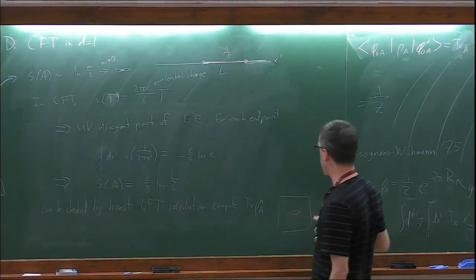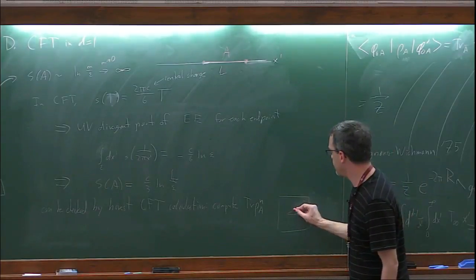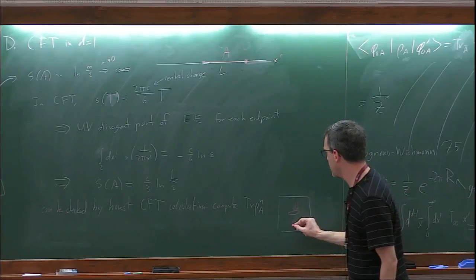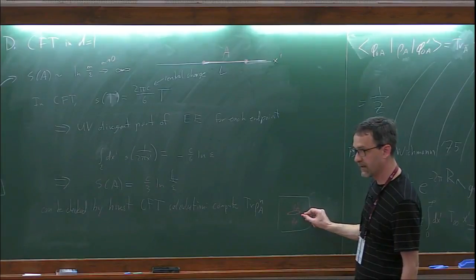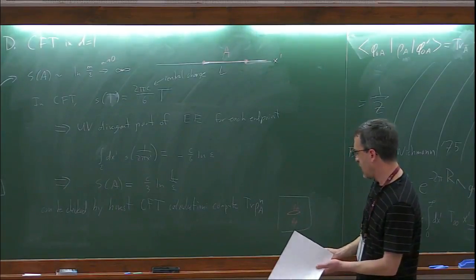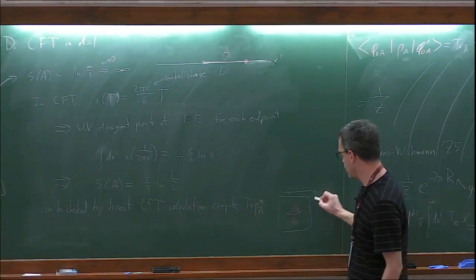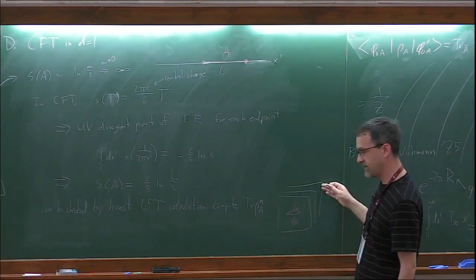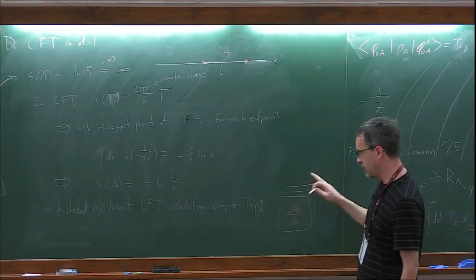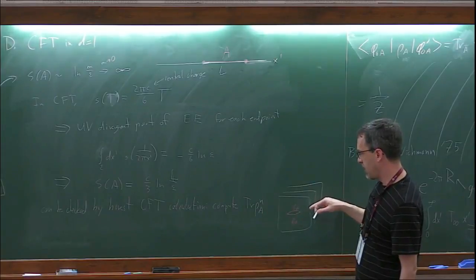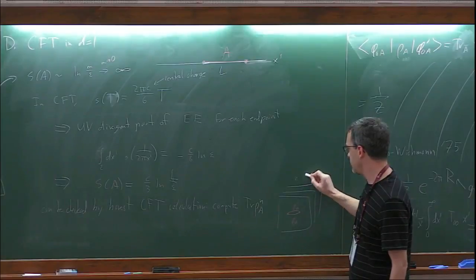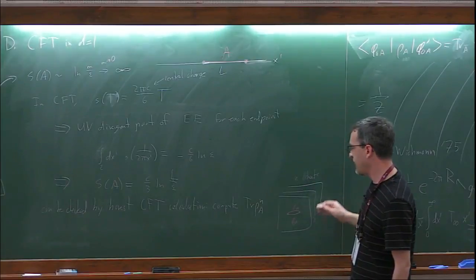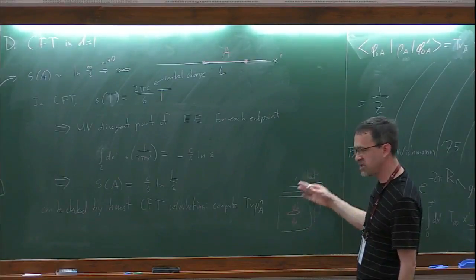It's a Euclidean path integral where I fix the fields phi naught A prime, phi naught A on the top and the bottom of a slit of length L. I take rho sub A to the n, so I take n copies of this, n sheets, and I glue them together cyclically. So I have n sheets, and I evaluate the partition function on this n-sheeted Riemann surface.